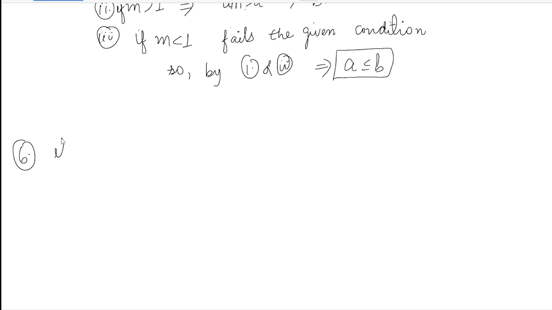So if A divides B, and M is non-zero, then if and only if, I mean implies and implied by, MA divides MB.